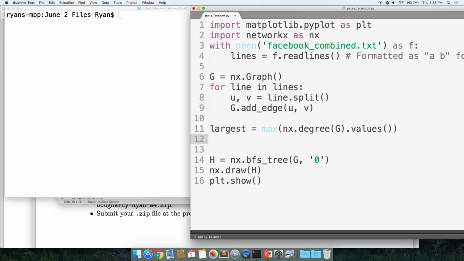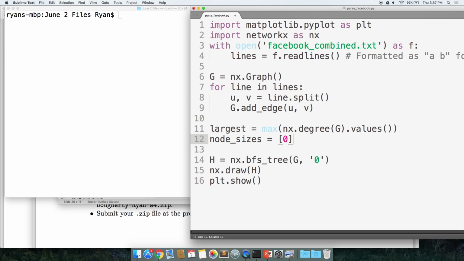Now I want to make a list called node_sizes. This will be a list that will contain the size of what the circle will be when it's drawn. Initially, I'm going to set them all to be 0. So how do I make a list of just zeros, like 0, 0, 0, 4,000 times?